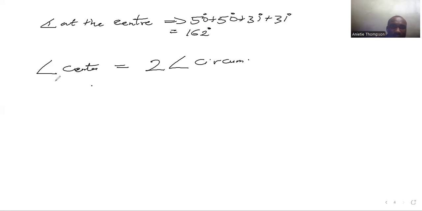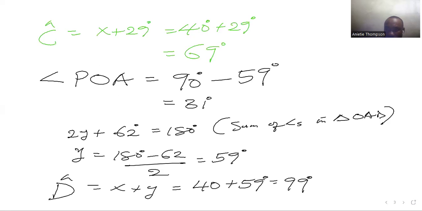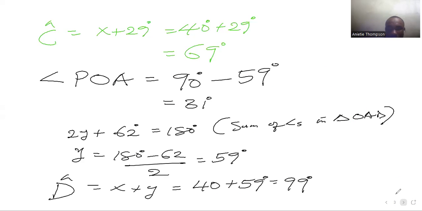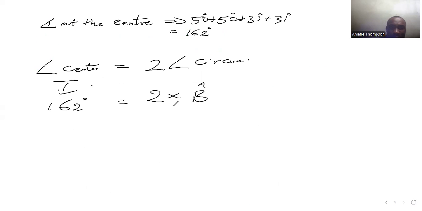If the angle at the center is 162 degrees, equal to 2 times angle B, then if you make B the subject of the formula by dividing both sides by 2, angle B must be equal to 81 degrees.